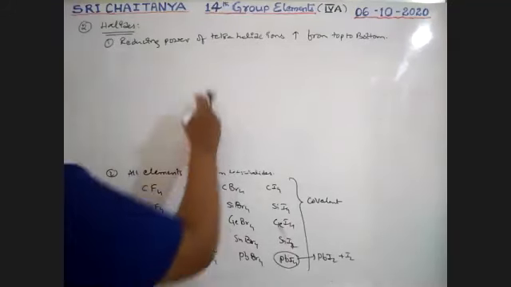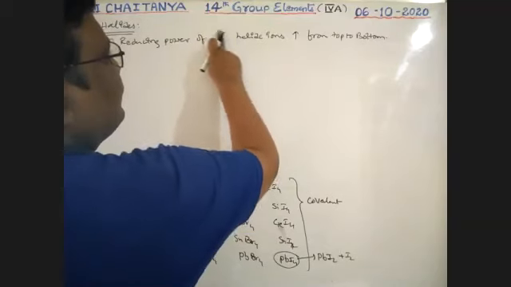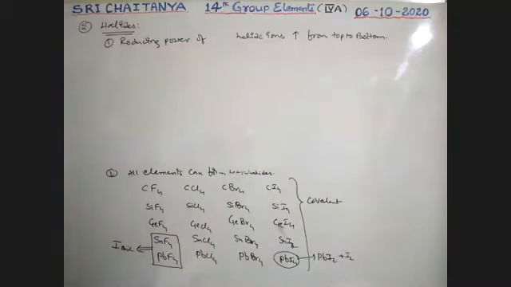Just a minute boys, reducing power of halide ions, not tetrahalides. So reducing power of halide ions increases from top to bottom.